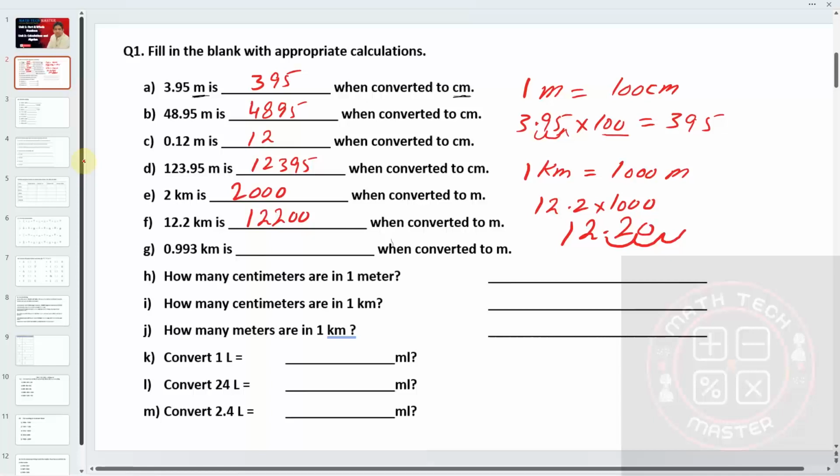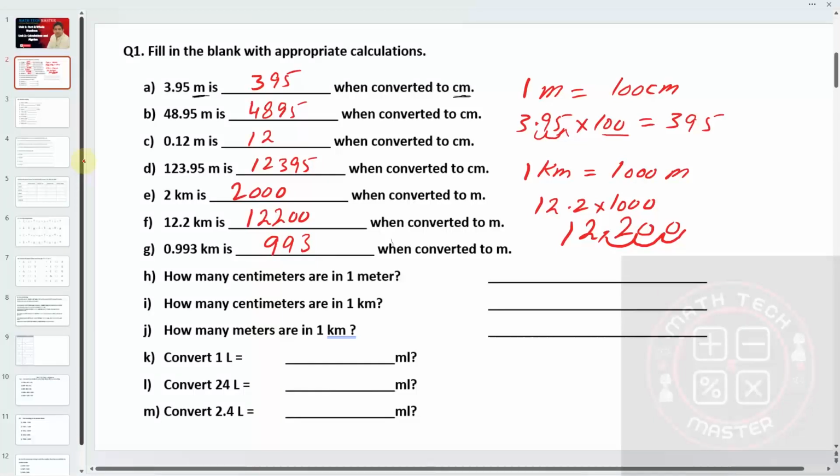We will add two zeros to the right, on the right side. Now the decimal will be removed, so the value will be 12,200. Same is the case when we move the decimal in the G part, it will become 993.